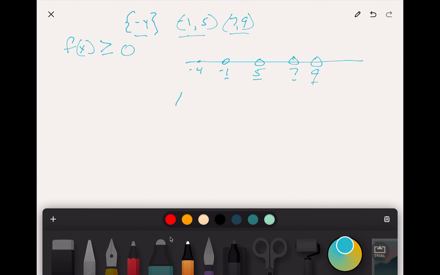So it must be negative, and it must come up, touch the x-axis, come back down, and go up through -1, down through 5, up through 7, and down through 9. So if the function looks like this, it'll produce the solutions that we want, but it has to be undefined at these points.